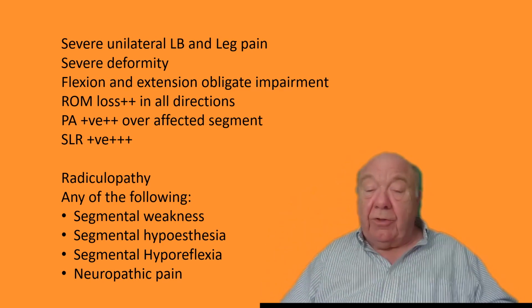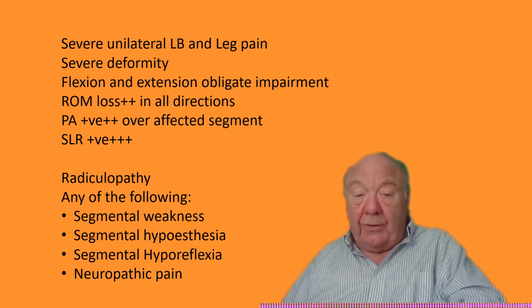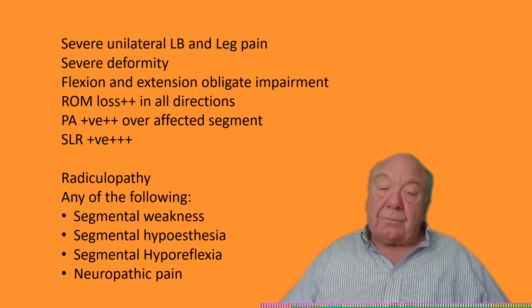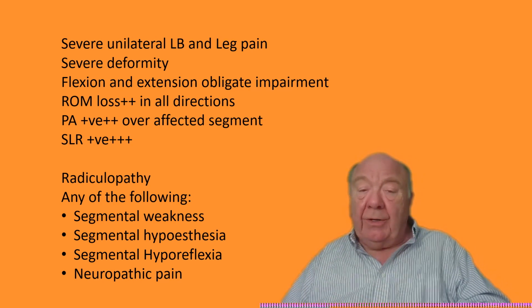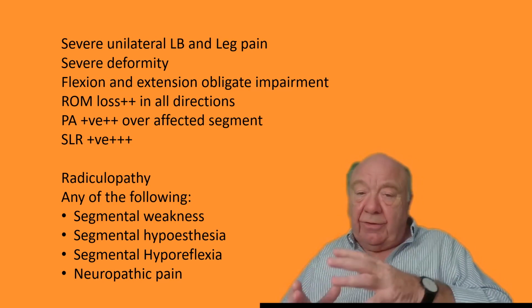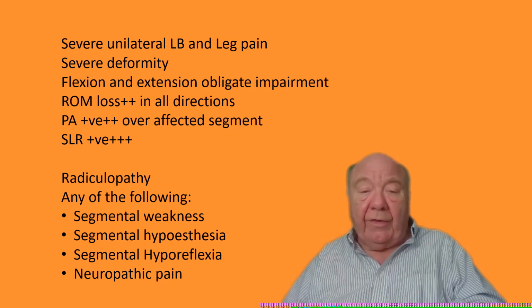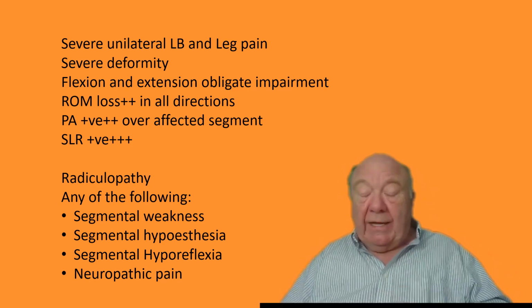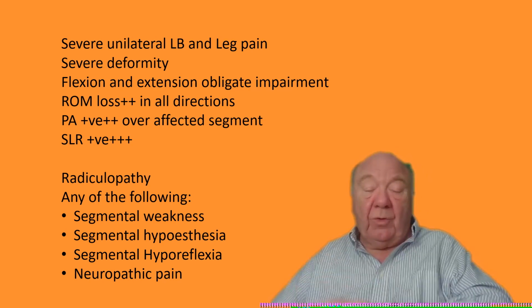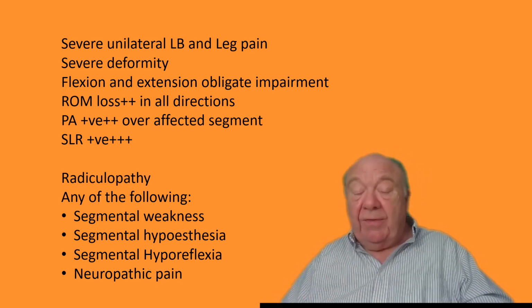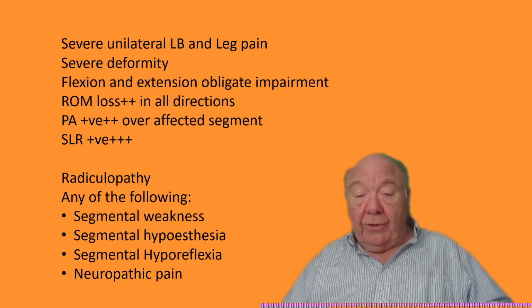Range of motion loss is serious in all directions. It's both a flexion and extension impairment. Certainly the extension is an obligate impairment. They can't walk with this, they have to limp. And it's not that this hurts worse when you sit down and when you stand up it feels better. That doesn't happen. It's a myth, and it's not true for disc herniations.